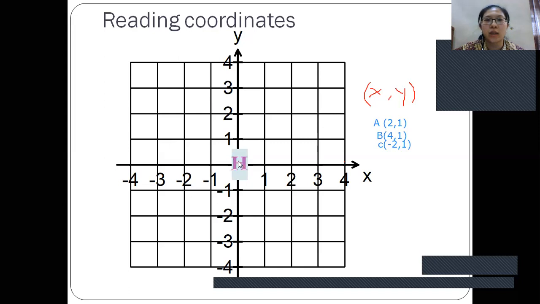It is on 0 on X, 0 on Y, so H is on the coordinate (0, 0). I is on the position of -4 on X and -3 on Y, so the coordinate of I is (-4, -3). J is (3, 2).